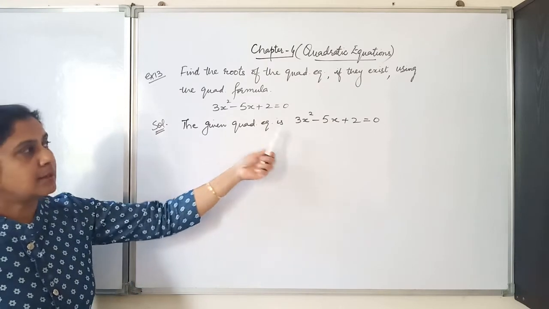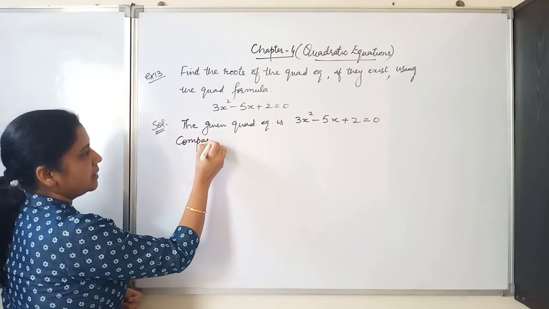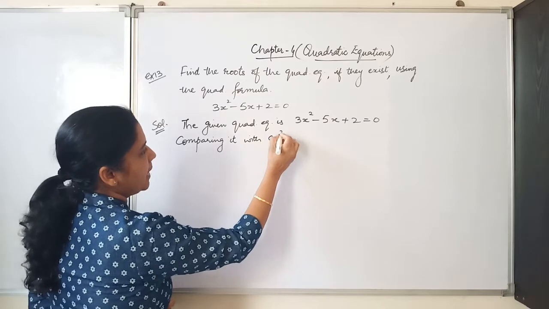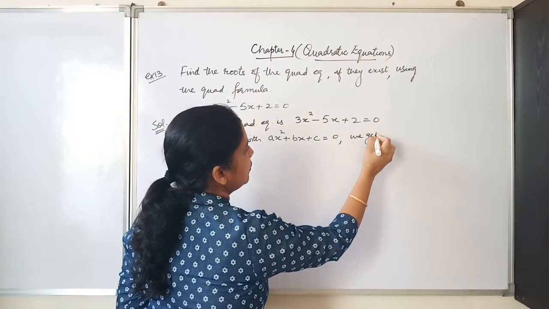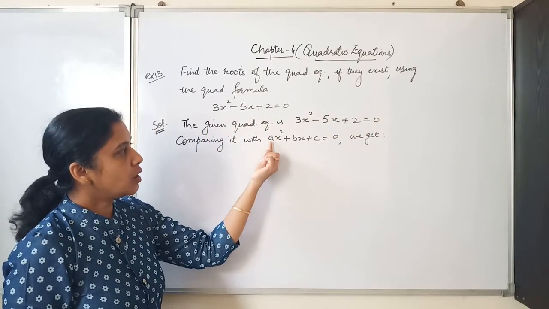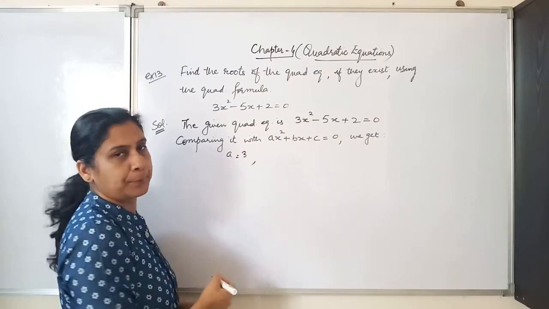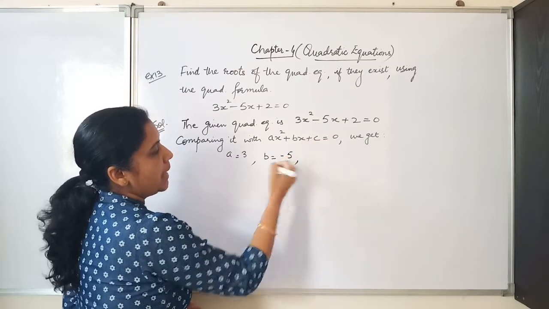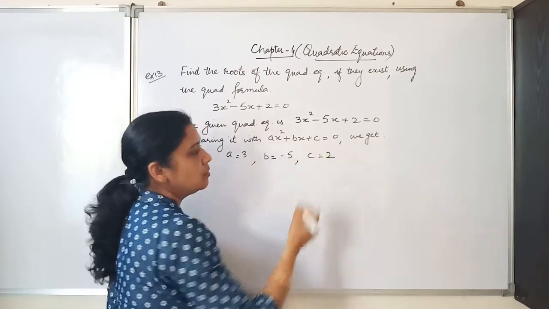We will compare this quadratic equation with the standard quadratic equation ax square plus bx plus c is equal to 0. When you compare it, the coefficient of x square, a, is equal to 3. The coefficient of x, b, is equal to minus 5. And the constant term c is equal to 2.